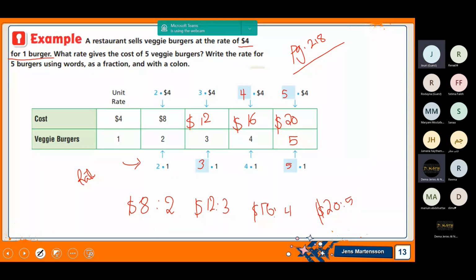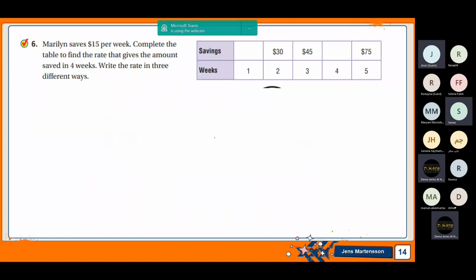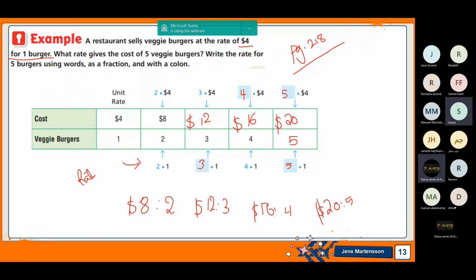Okay, kind of easy. Is it clear? Yes. But teacher, we don't care about 4, right?